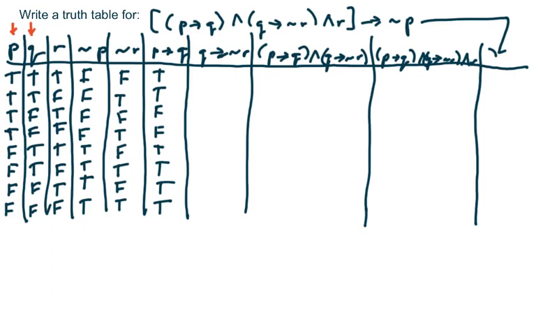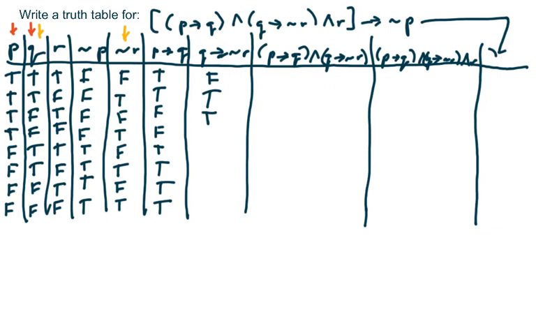In the next column, we're again looking at an if-then statement, but this time the columns we're interested in are Q and not R. We'll have to be very careful as we get a little bit farther into the table to make sure we keep our columns straight. So in this case, our first row, we're going to have a true followed by a false. That's exactly the situation where you get a false. Then you have a true followed by a true. That's true. And then a false followed by a false. That's true.